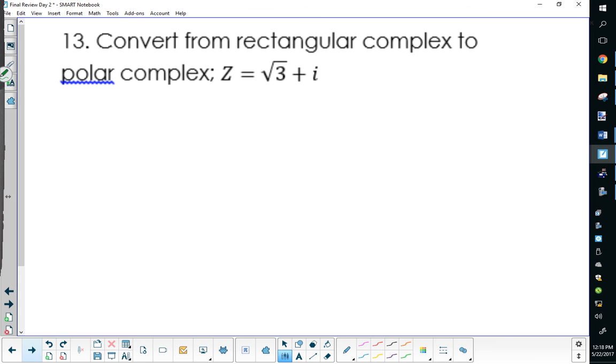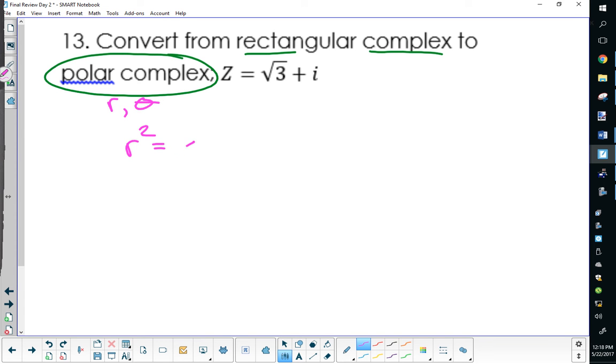Number 13, we're converting from rectangular complex to polar complex. Remember, if we're going polar, what two things do we want again? r and theta again. That hasn't changed. So we're still using the same two formulas to get us r and theta, just like we did a little bit ago. We're using that formula and that formula, r squared and tangent.